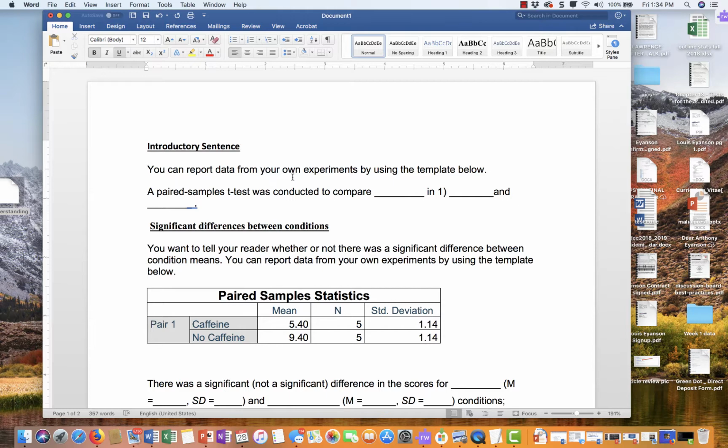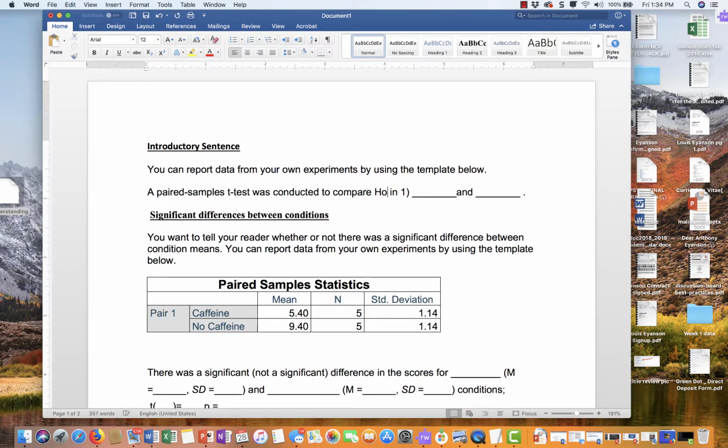Your introductory sentence is just like all the other ones. A paired sample t-test was conducted to compare hours slept. So the data was hours slept.